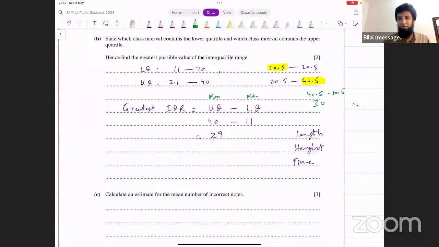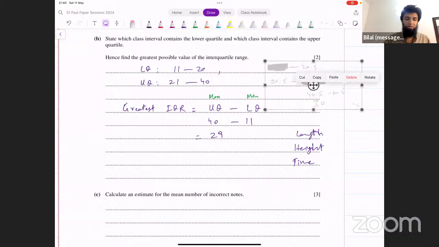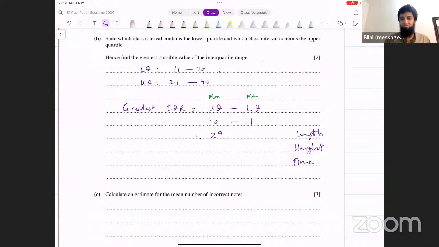You would not be told whether the variable is continuous or discrete. Generally, you have to understand the difference between the two types of variables. A continuous variable is something that can take any decimal value. Discrete variables are those that can only take some specific values. Generally, in your syllabus, you only get integers.